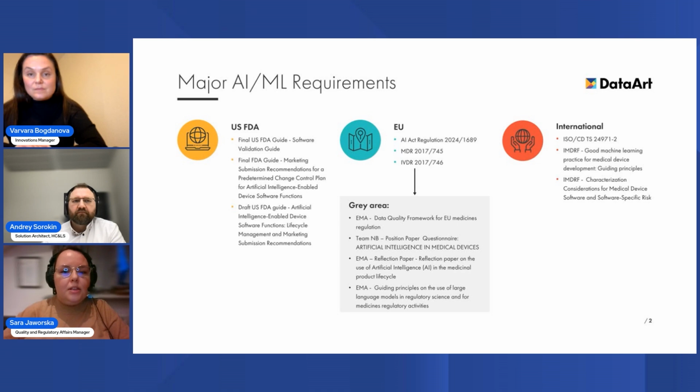So a lot of things are really happening. But at the same time, we can observe this gray area in the middle. Interestingly, additional organizations like the notified bodies or the European Medicines Agency added their perspective on how AI models should be developed and controlled, in the case of EMA, in the context of drug discovery and drug development.